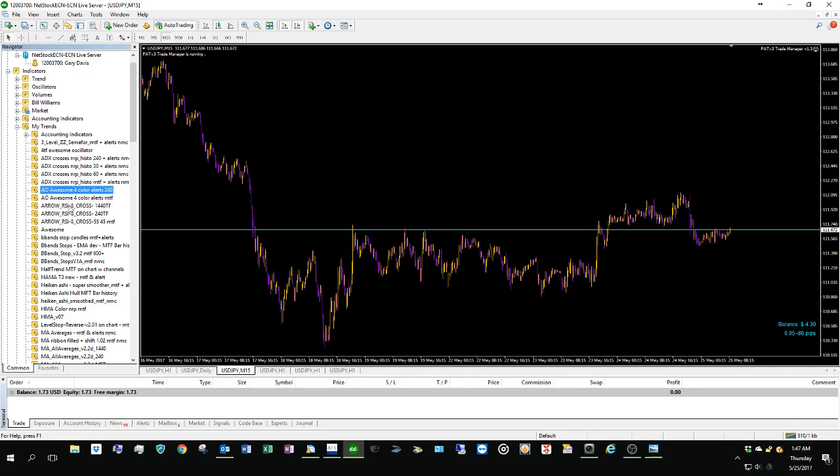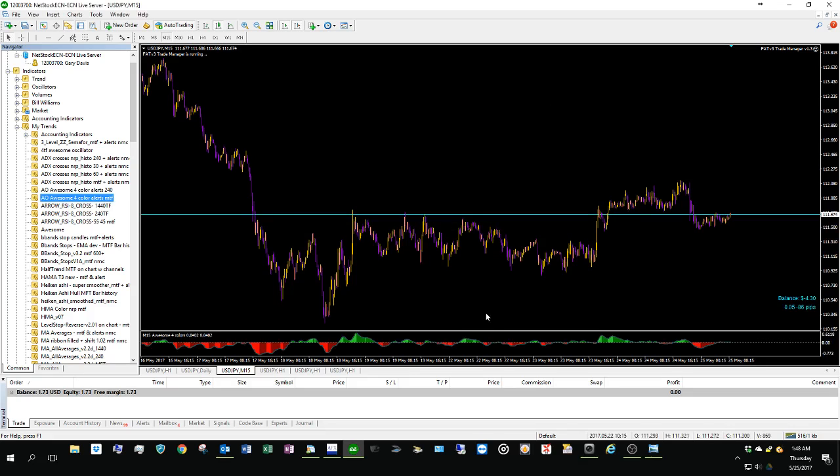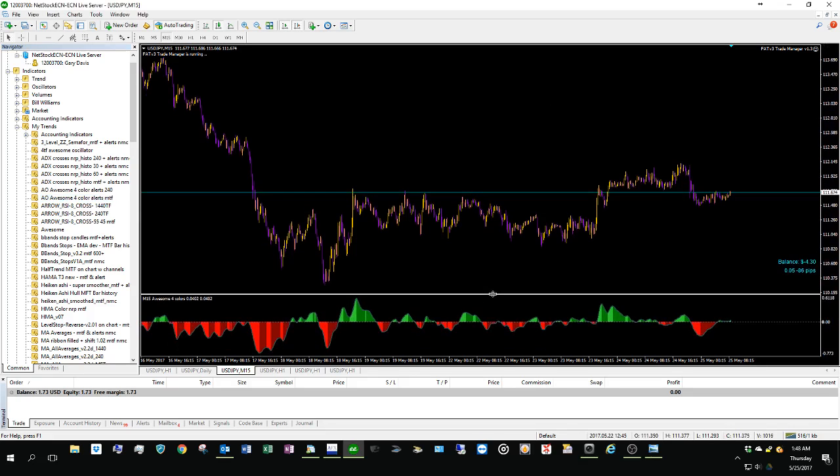And now here's one that I really like. It's the awesome indicator. Now it's very similar to a MACD, but it includes moving averages with it. So let's take a look at an awesome indicator. And if we enlarge that a little bit, now how most people trade these is when it's below the line, we're short.